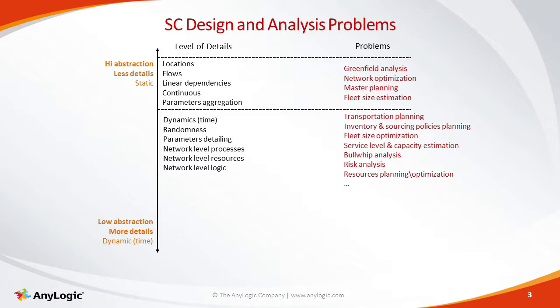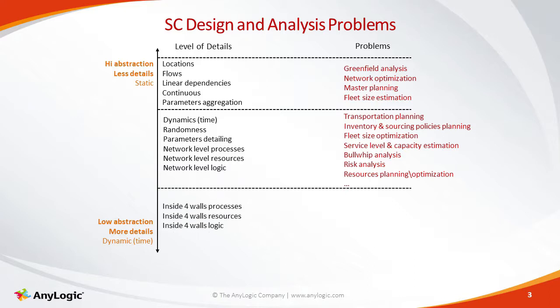Also, all the metrics related to time become measurable, like capacity, service level, and the bullwhip effect. You can also do risk analysis, because risk always assumes taking into account time and randomness. To do risk analysis in a supply chain without time and randomness just doesn't make a lot of sense.